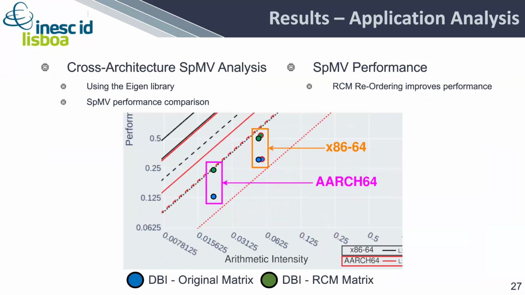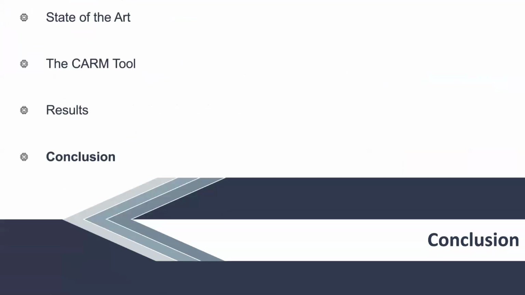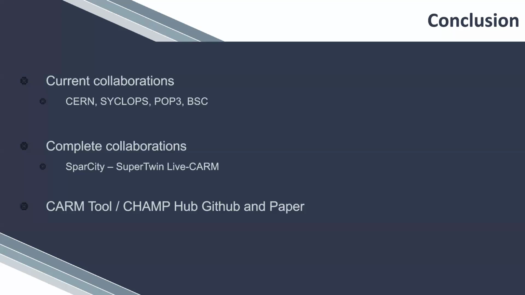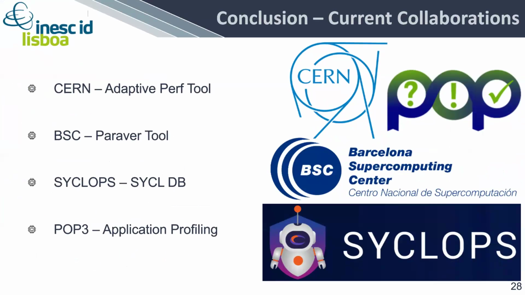Yeah, that's basically what we plan to have via our integration with the Adaptive Perf tool. Because right now, you just use the high-level API from PAPI, you define your region of interest, and then after compilation and running via the CARM tool, you just get the cumulative report of that section of the code. But with the Adaptive Perf tool, we could have something more like that.